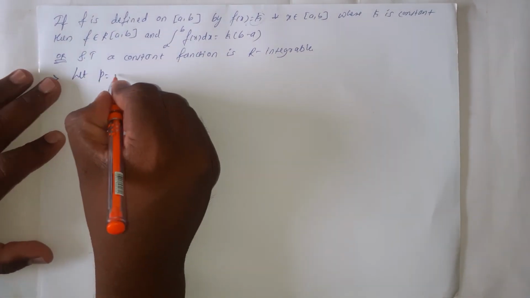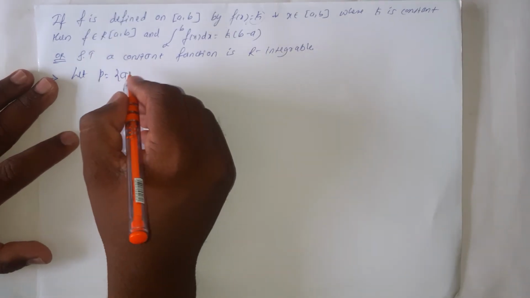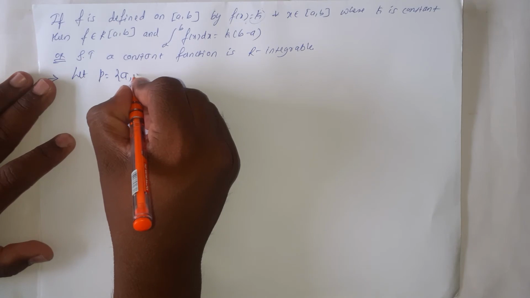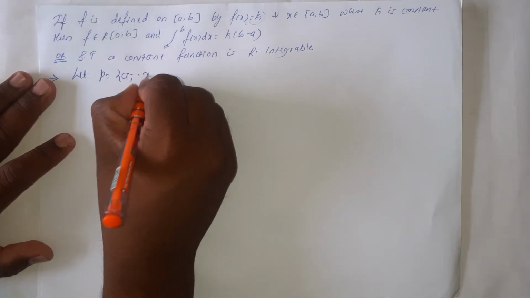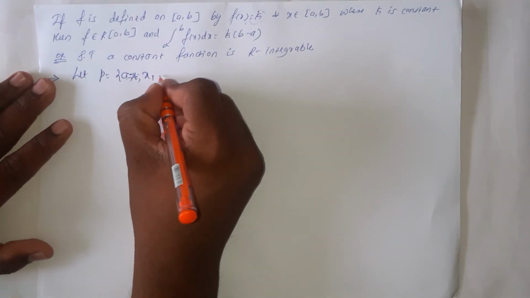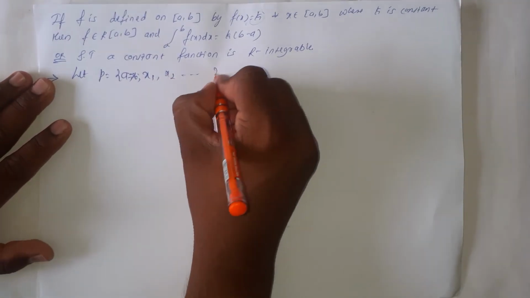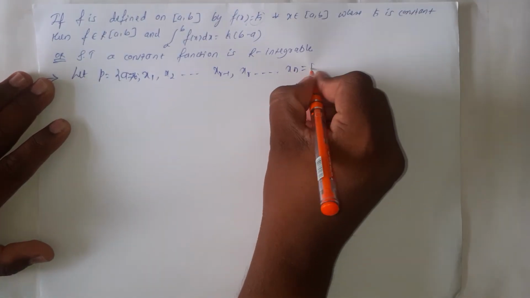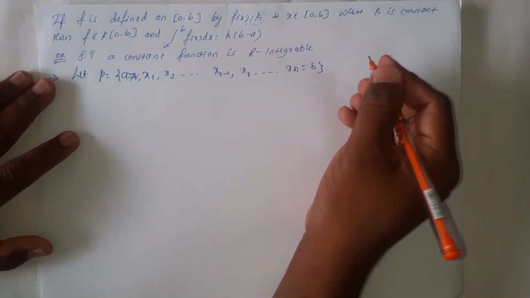Let p be equal to a, that is the first point of the given interval, then a is always equal to x0, x1, x2, so on up to xr minus 1, xr, and up to xn is equal to b.